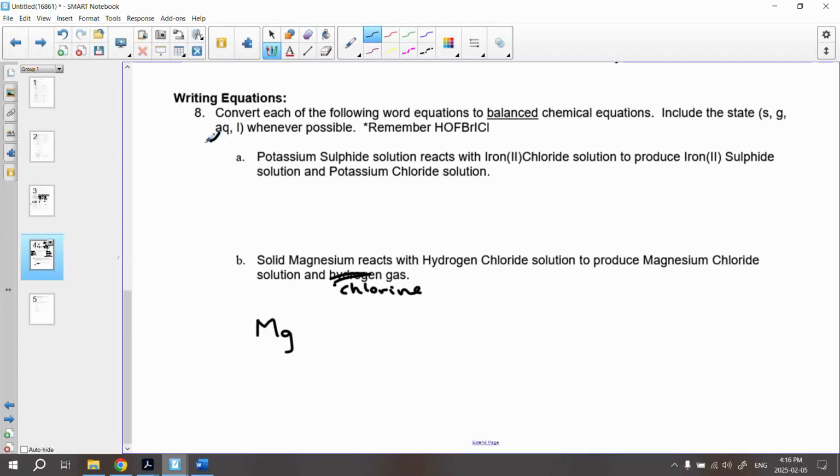If you didn't learn about aqueous last year, aqueous means dissolved in water. The other way that's sometimes phrased is it'll be called a solution. A solution is something that's been dissolved in water. So when I see that it's solid magnesium, I put an S there for solid.